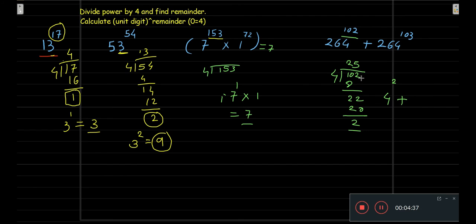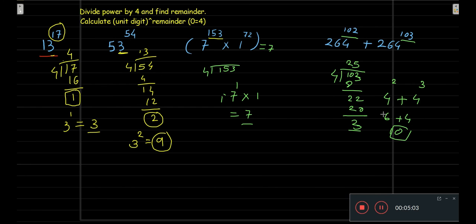Plus we have 103; if we divide 103, the remainder is 3, so 4 to the power 3. What will be the unit digit? This is very simple. 4 to the power 2 has unit digit 6, plus 4 to the power 3 has unit digit 4, so 6 plus 4 is 10, and the unit digit is 0.